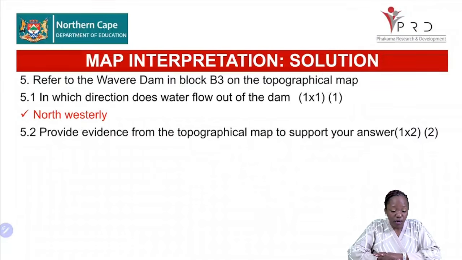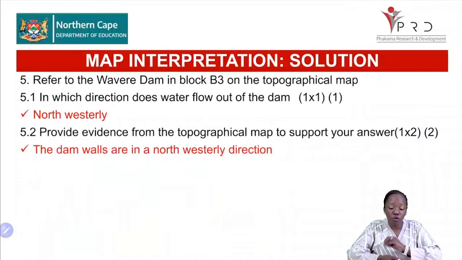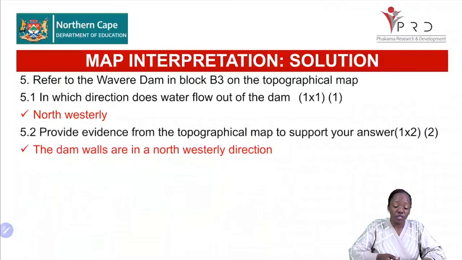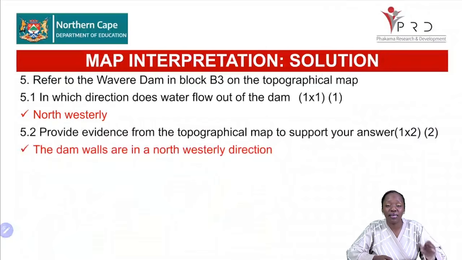Then giving the evidence from the topographical map. Again, your evidence is the dam wall. So the dam wall is in the northwesterly direction. That is your evidence. So you've got 3 marks there: 1 mark for identifying the direction and 2 marks for giving the evidence.